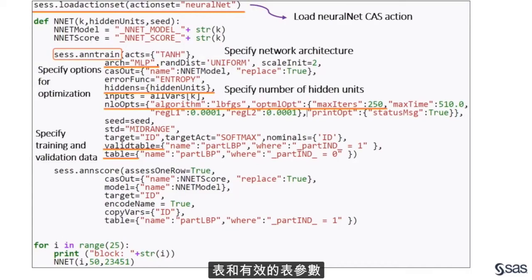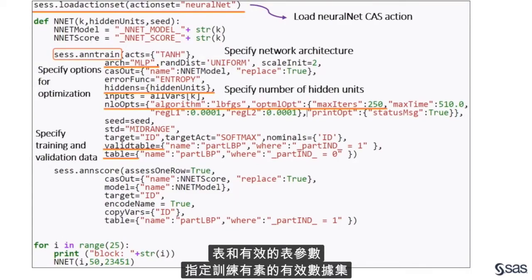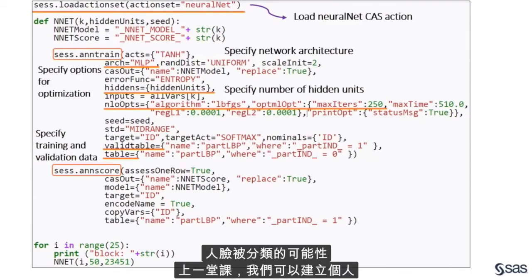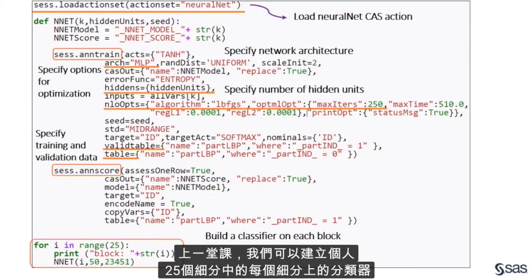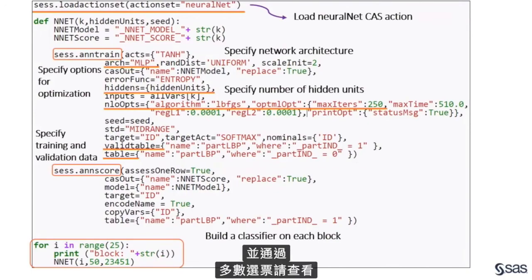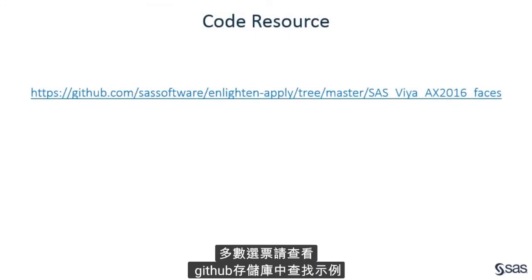The table and validTable parameters specify train and valid datasets. The score action provides the posterior probability of a face being classified to a class. We can build an individual classifier on each of the 25 segments and identify a person by taking the majority of the votes. Please check out the GitHub repository to find examples in this demo.